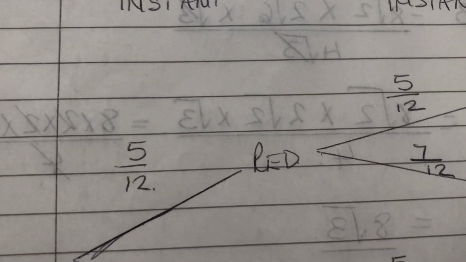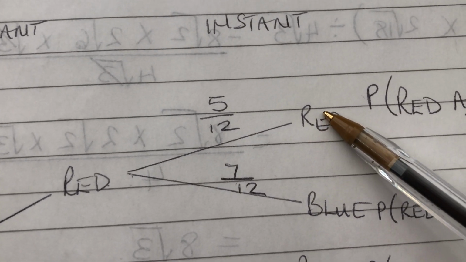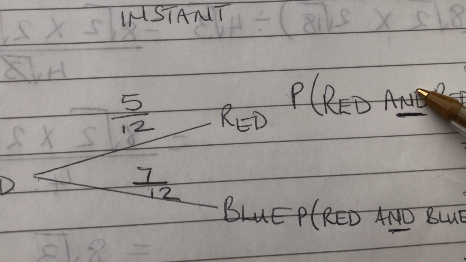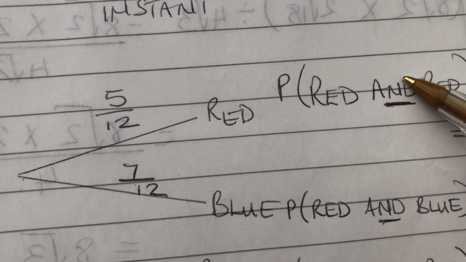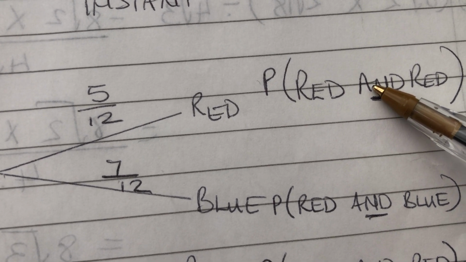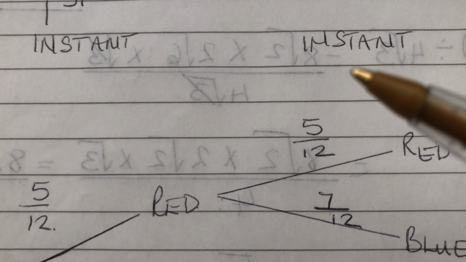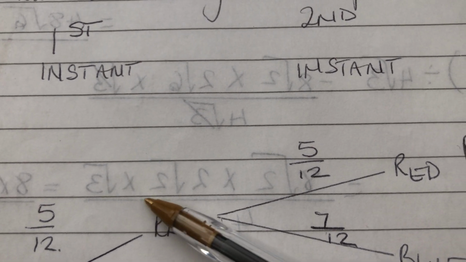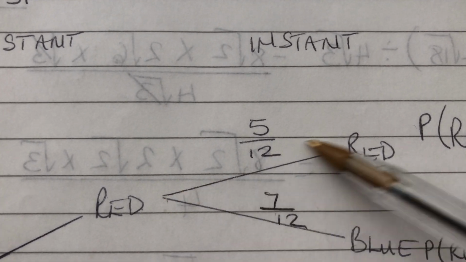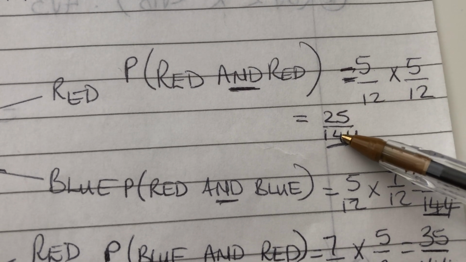Because it's an "and", you are going to use the "and" law. You are going to multiply. They won't tell you that in the question. You have to look at it and see if it's an "and" law or an "or" law. That's why I'm doing a lot of examples with you. So you have 5/12 times 5/12 if you are going to choose a red and a red, which will be 25/144.